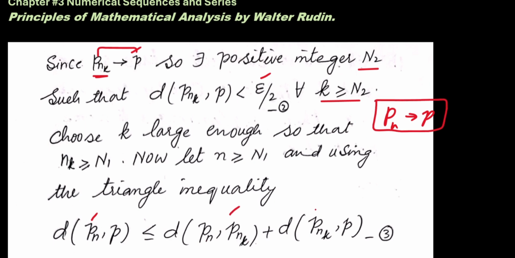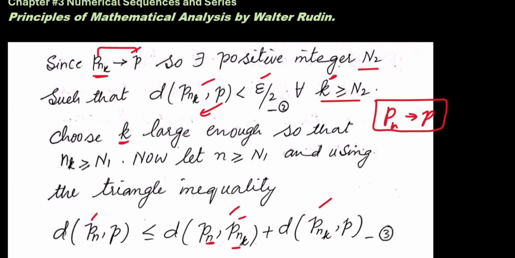This is my triangle inequality, and you can see here I am involving the term P_{n_k}. This triangle inequality will hold when the two suffixes n and n_k are both greater than or equal to the positive integer n1. So I am writing here after this: choose k. What is k? k is a suffix greater than or equal to n2, for which this definition holds.